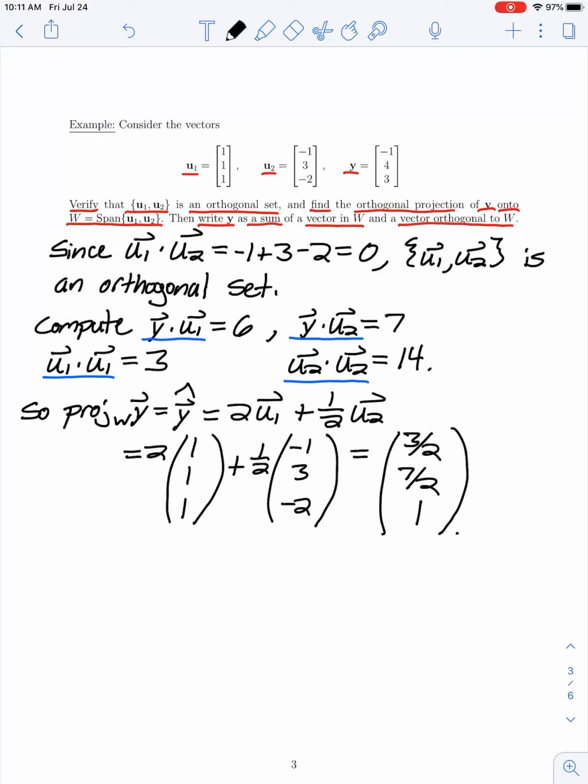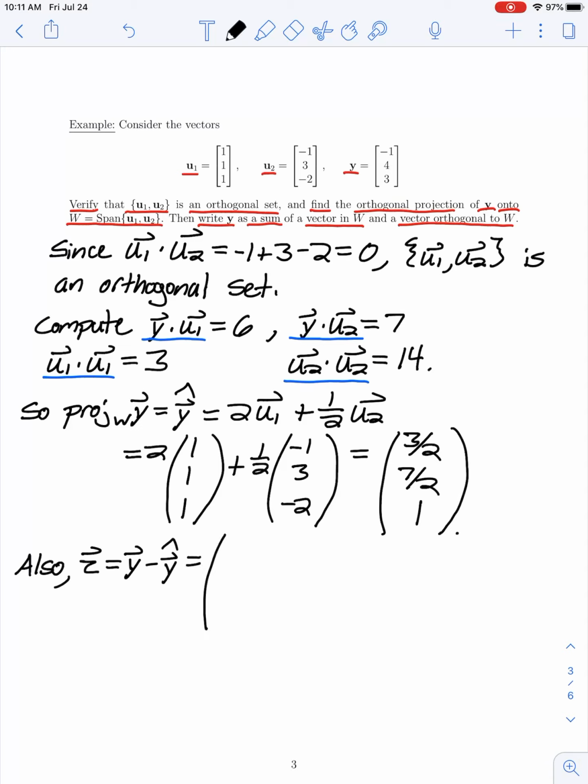So we found the orthogonal projection of y onto W, and the last part of this problem is to write y as the sum of a vector in W, so that would be this orthogonal projection, and a vector orthogonal to W. So to get that orthogonal vector, which we're calling z, we would take y minus this orthogonal projection, y hat.